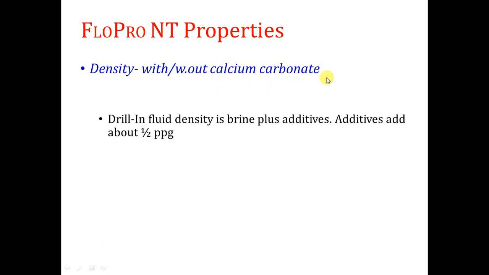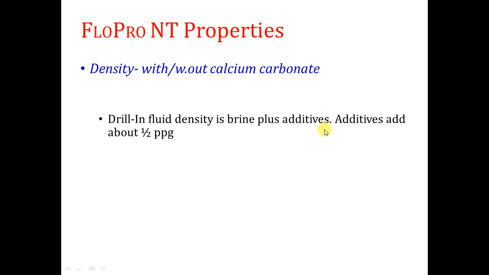Okay, what are the properties of the FlowPro NT? As you see, the density with or without calcium carbonates. Okay, we use mainly the calcium carbonates. The drill-in fluid density is brine plus additives. Why are we using the brine here, especially the salt saturated one?